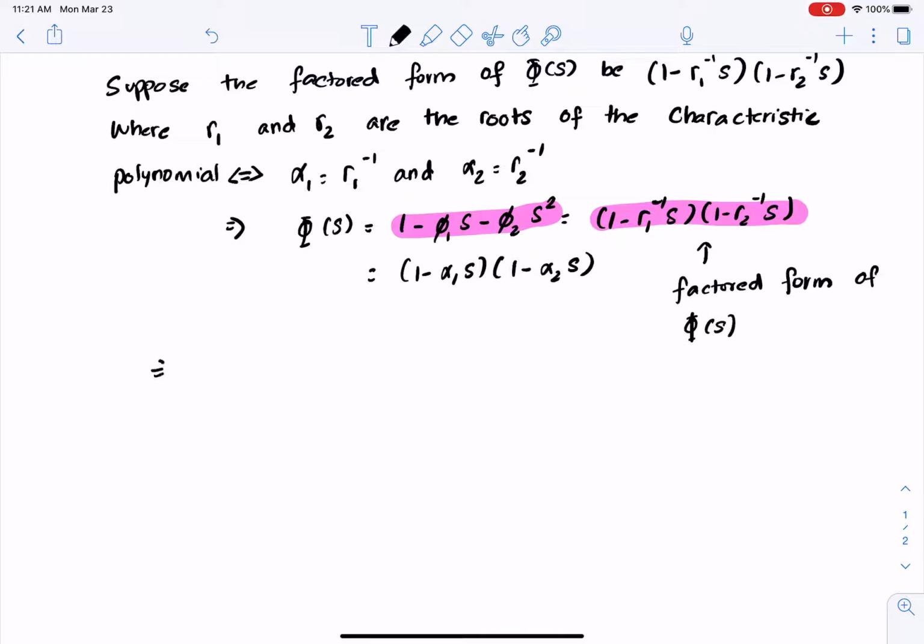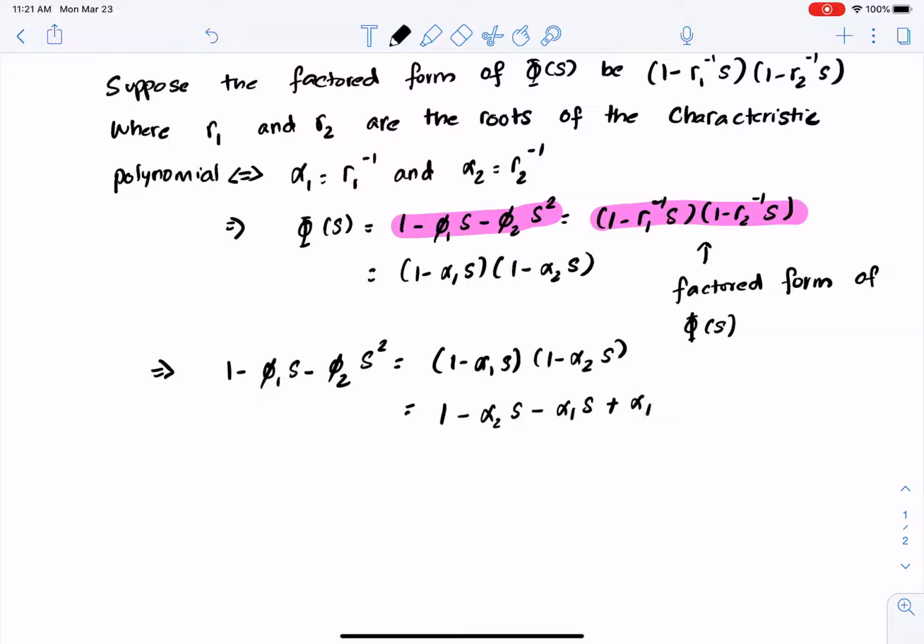So we can rewrite 1 minus phi 1 s minus phi 2 s squared equals 1 minus alpha 1 s times 1 minus alpha 2 s. If I FOIL, we'd get 1 minus alpha 2 s minus alpha 1 s plus alpha 1 alpha 2 s squared.